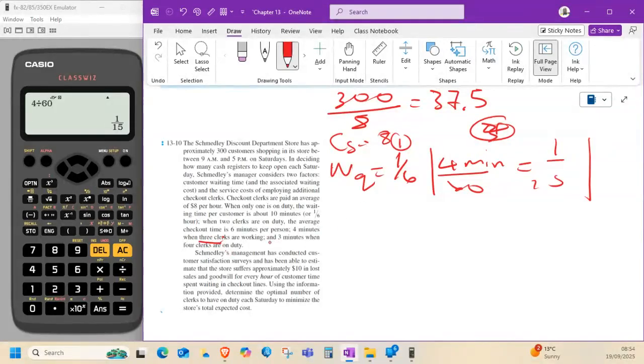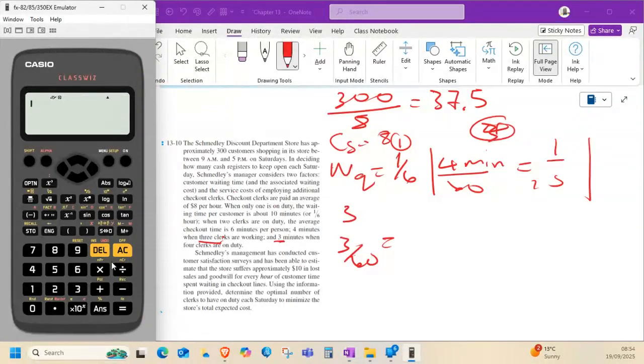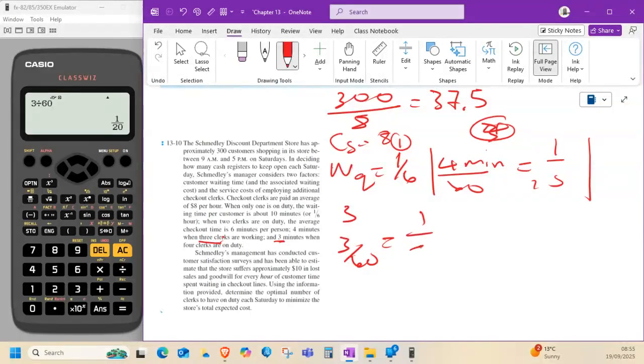And when there are 4 clerks, you are doing 3 minutes, okay? 3/60 equals 1/20. Even this one is a vague question, but it's fine. Just do it either way.